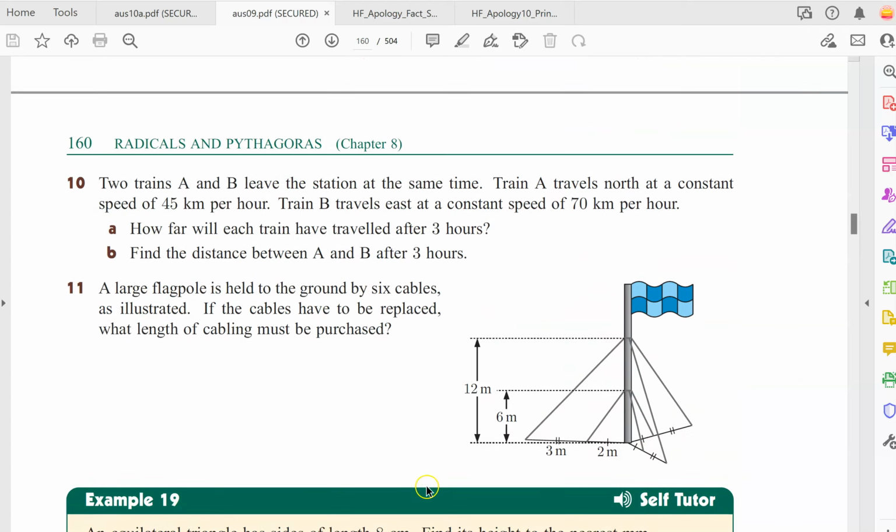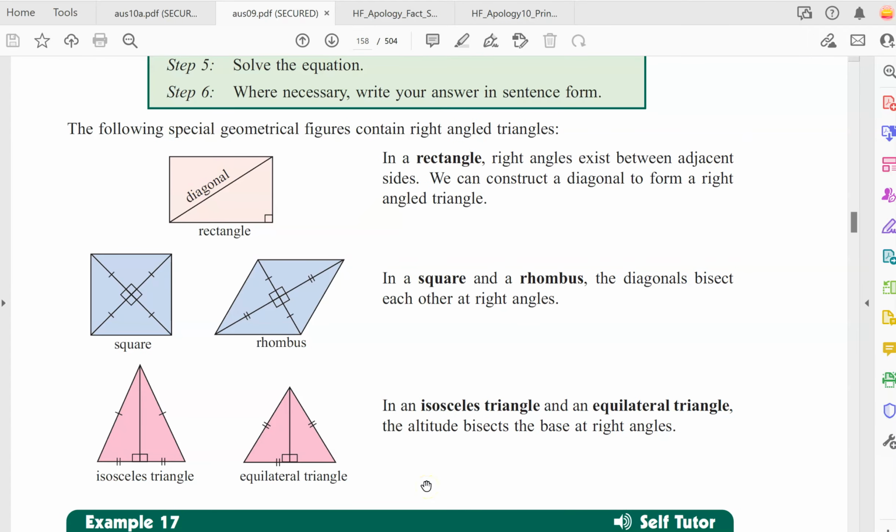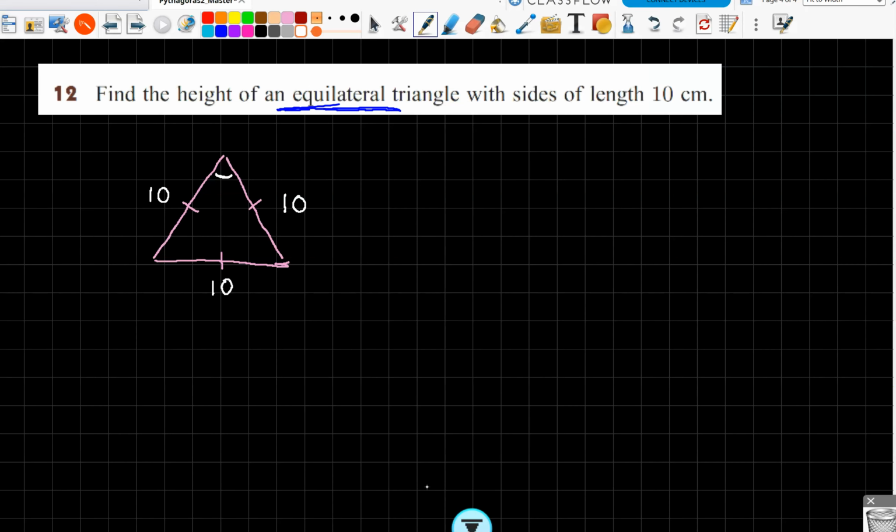And this is where we have to make it. And that was one of the things that we remembered and I asked you to write down in your books. So if you notice this one here, if we split it right down the middle, then we can see where our right angle is. Does that make sense? So that's what I'm going to do. I'm going to split this down the middle.